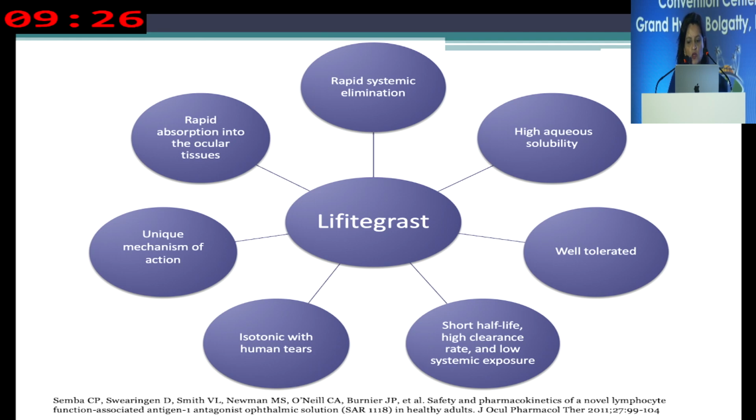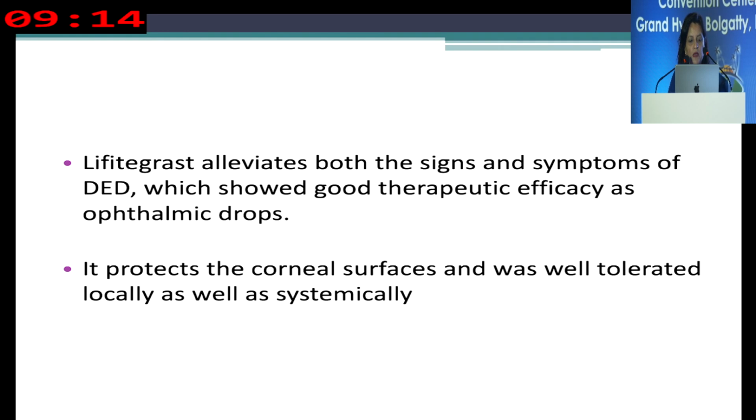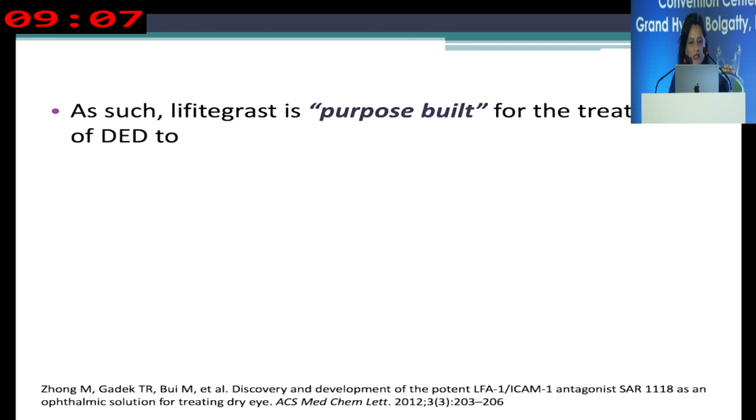It has got high aqueous solubility, well tolerated, short half-life with high clearance rate and low systemic exposure, isotonic with human tears, unique mechanism of action, rapid absorption into the ocular surface, and rapid systemic elimination. It protects the corneal surface and is well tolerated, and it does alleviate all the symptoms of dry eye.